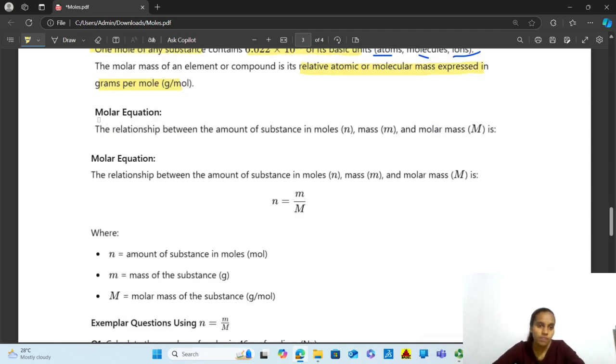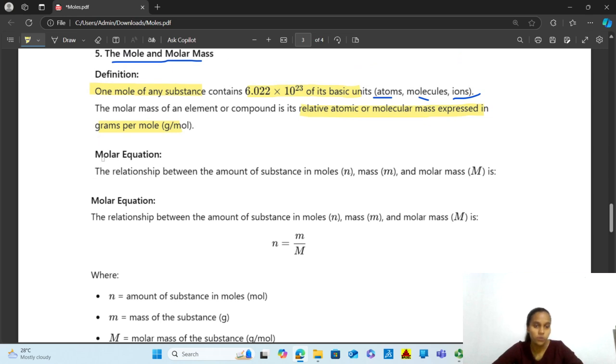So we'll derive an equation for moles. The moles, or the amount of substance, is symbolized by small n, and mass is symbolized by small m.